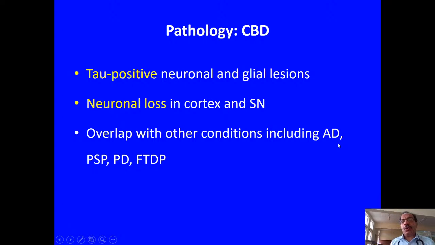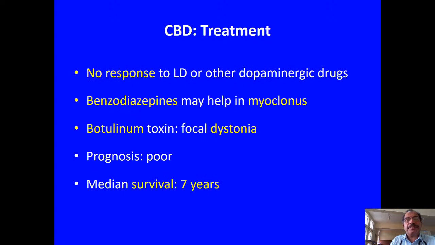So the patient may have cortical dysfunction, motor dysfunction, etc. in various combinations. Treatment is basically just like other Parkinsonism plus. There is no specific treatment. Being a neurodegenerative disorder, treatment may be started with levodopa, but most of the time there is no response.